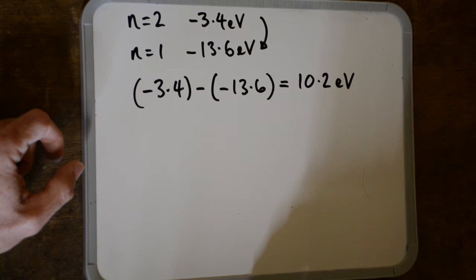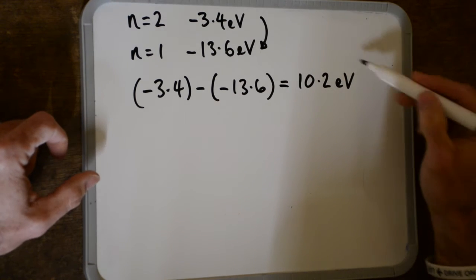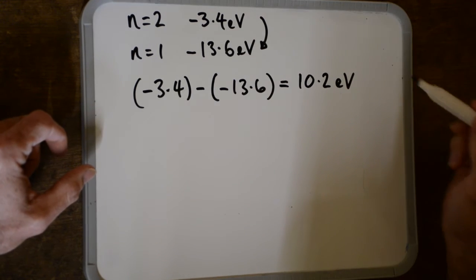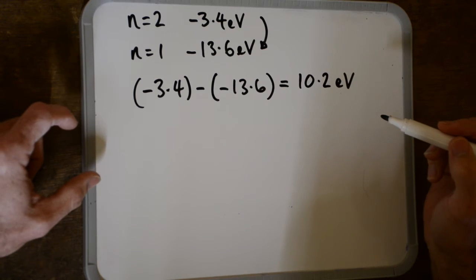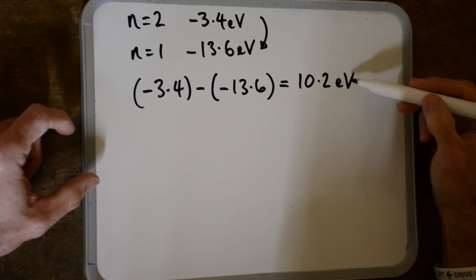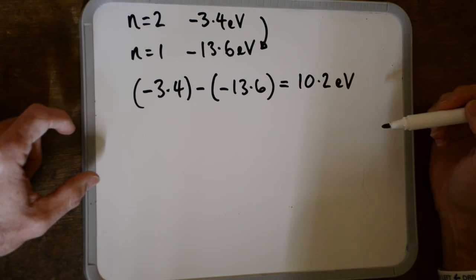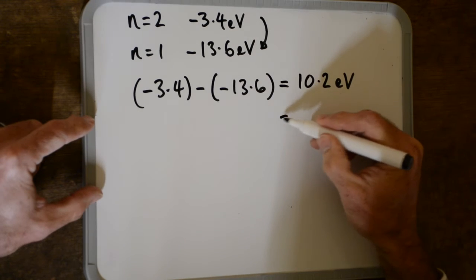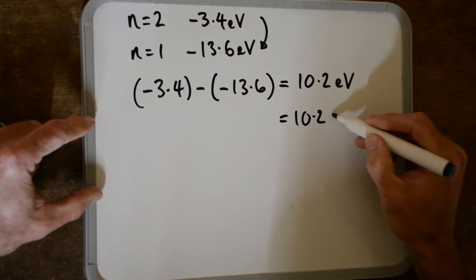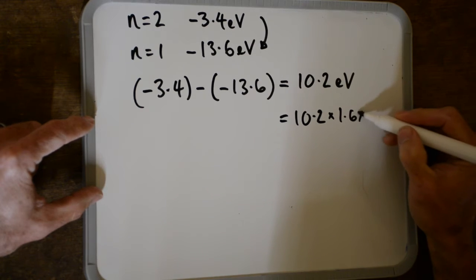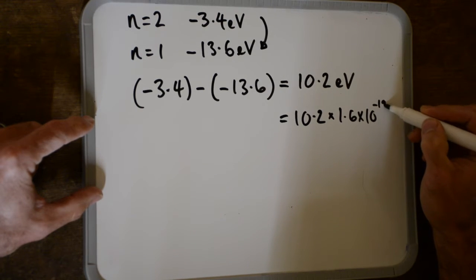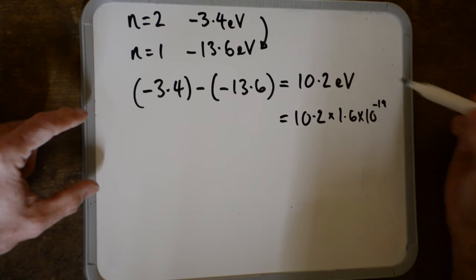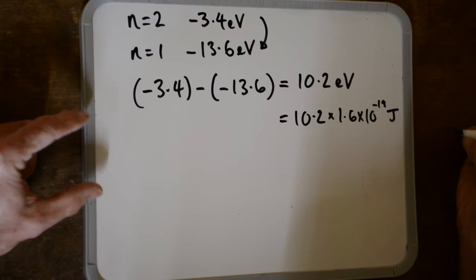Now, in order to calculate the wavelength, we need to convert electron volts into the SI unit of energy, which is the joule, and it's quite straightforward to do this, as long as we just treat the e as being the charge on the electron, which is in your data booklets, and it's equal to 1.6 times 10 to the negative 19, and converting from electron volts to joules, we just stick a joule on the end.